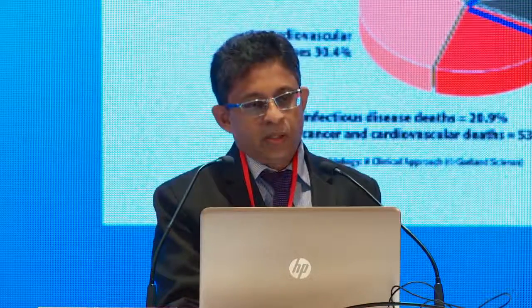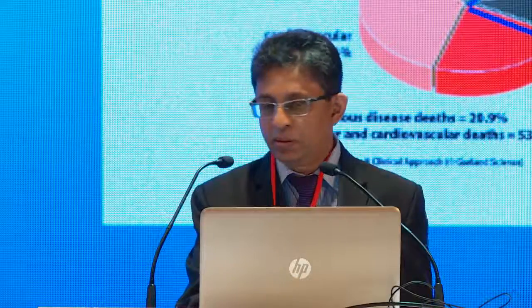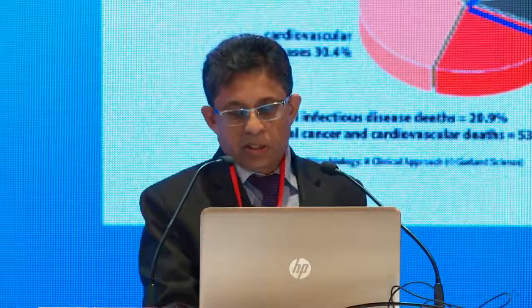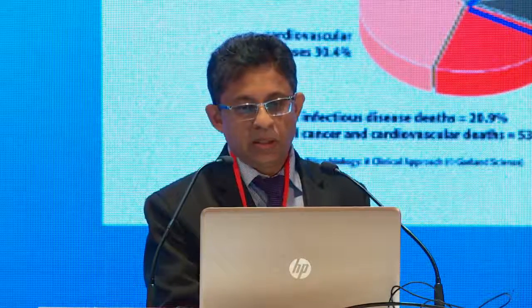Today, infectious diseases account for 25 to 35% of the 60 million deaths that occur worldwide each year. However, a 50% reduction in mortality due to infectious diseases has been observed from this period to 2000, and mostly, you may appreciate, it is the diarrheal illnesses which have come down, including TB and probably the respiratory infections as well.